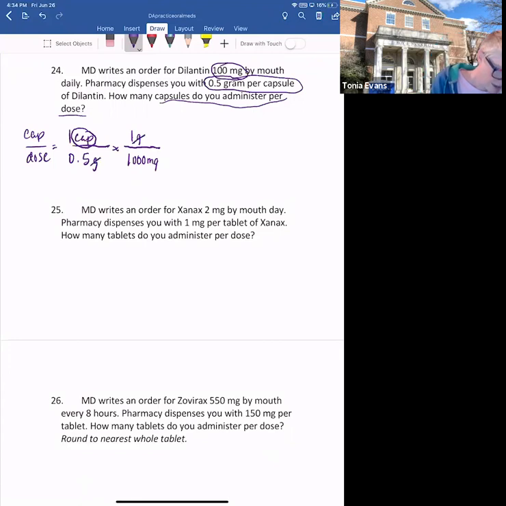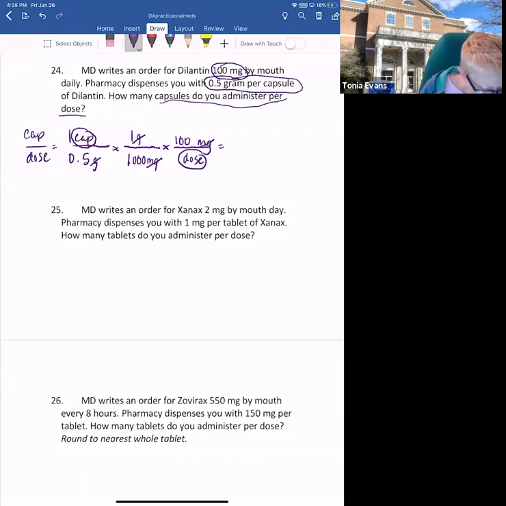All right, so my grams cancel out. Next thing I need to address is milligrams. And I know I've got 100 milligrams by mouth daily, and we've only got 1 dose per day, so it's 100 milligrams per dose. And that leaves us with caps per dose.